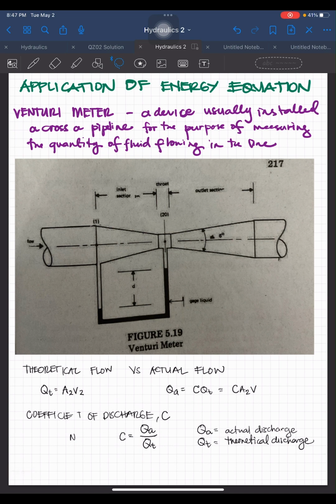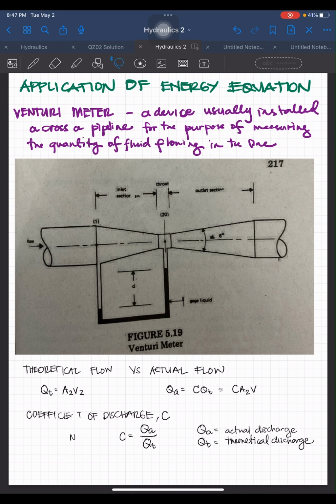Wala ka naman nakikitang variable na flow doon sa Bernoulli energy equation, just the velocity. So you have to be careful with that, no? When you're using the actual velocity, you will get the actual flow. If you're using theoretical velocity, you will get theoretical flow.